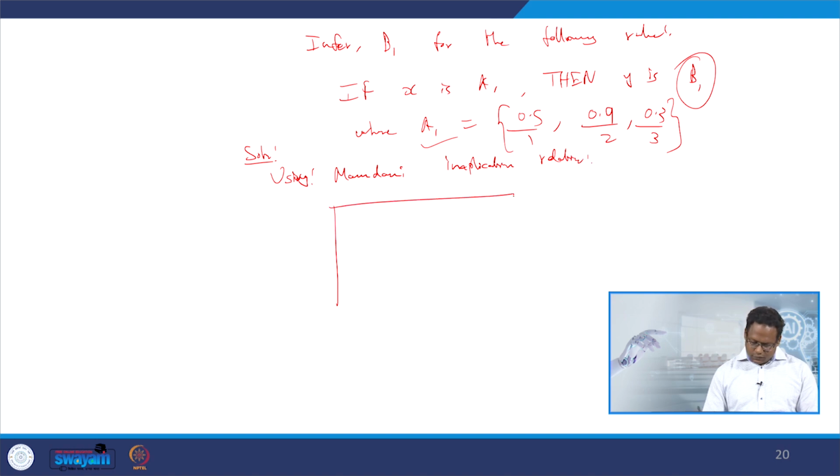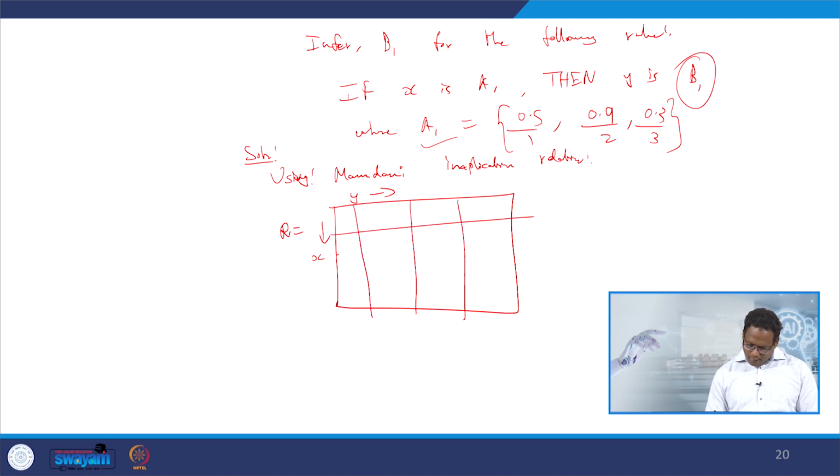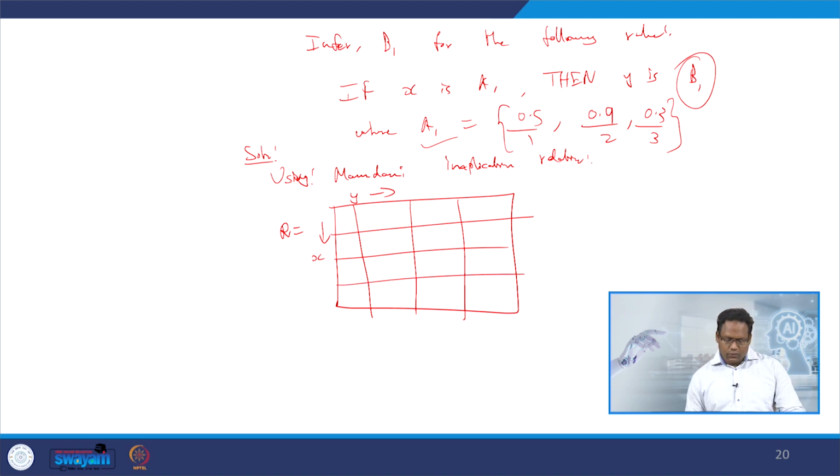We have the R matrix, with X corresponding to elements 1, 2, 3 and Y corresponding to elements 5, 7 and 9 as per rule 1.